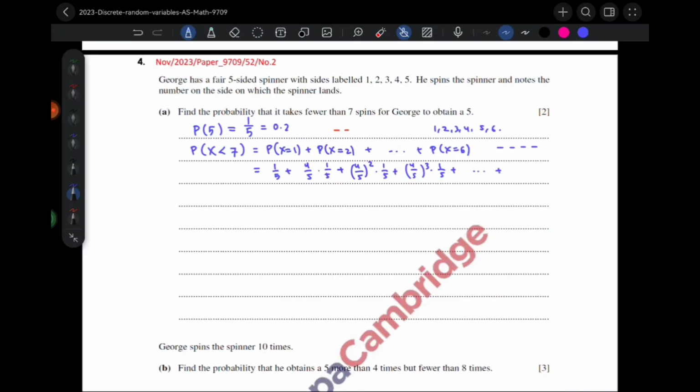That means in 6 attempts he obtained 5 on the last spin, and failed on the first 5 attempts. So we have 4 over 5 to the power of 5 times 1 over 5. It gives you 0.738. Is the 3 a significant figure?